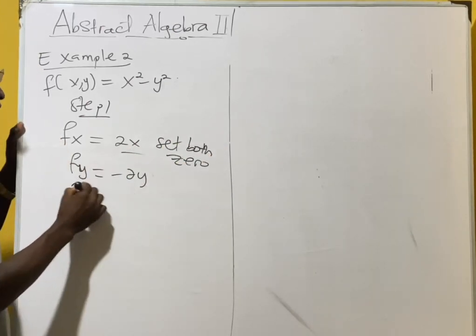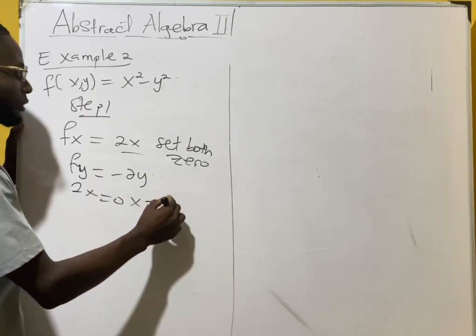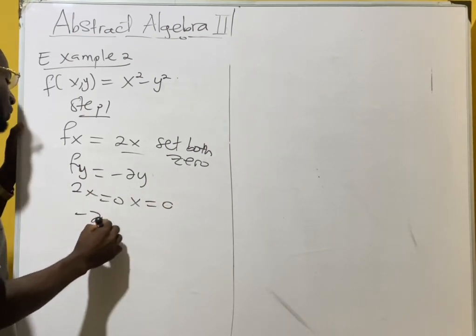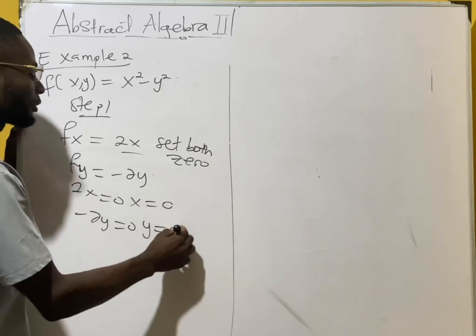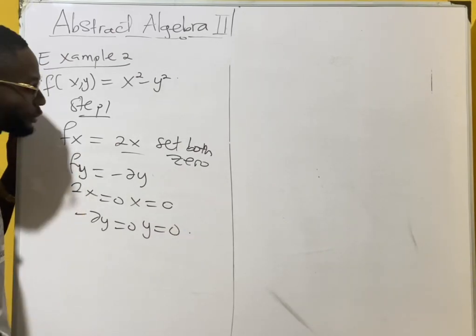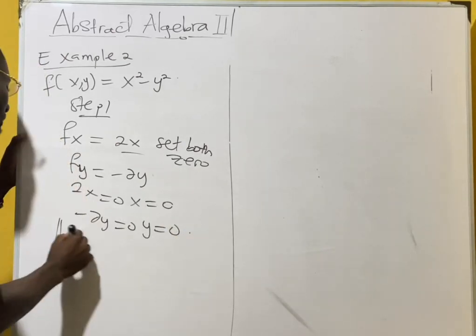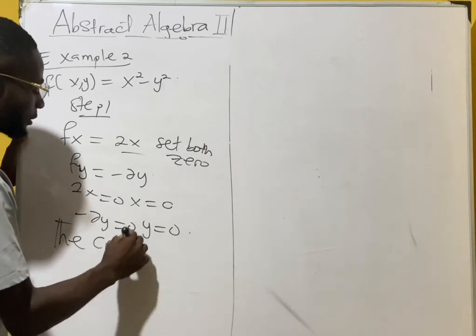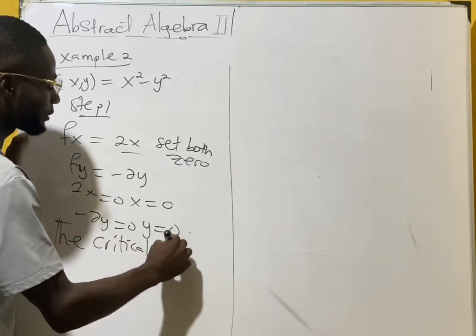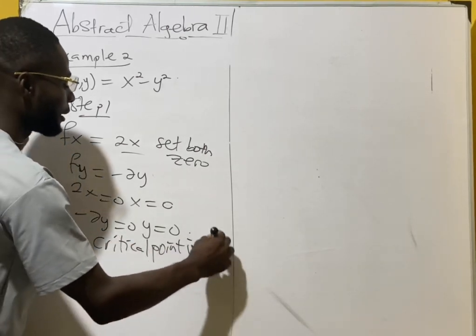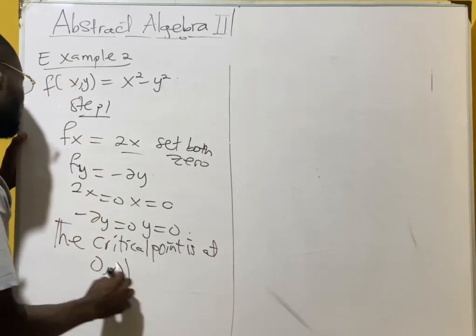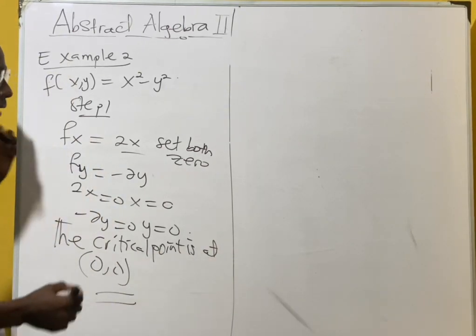So x equals 0, and y equals 0. So the critical point is at (0, 0).